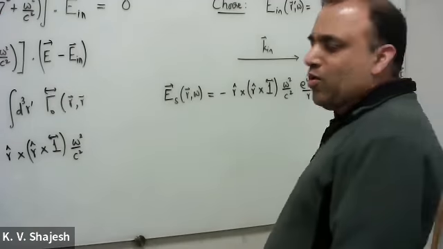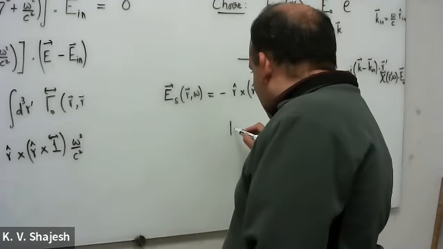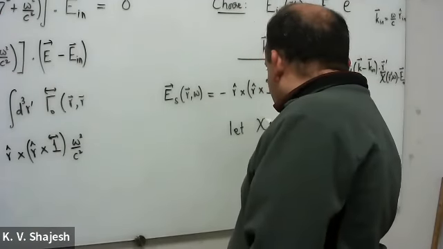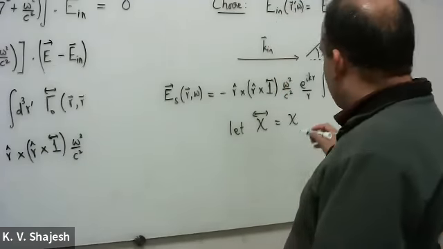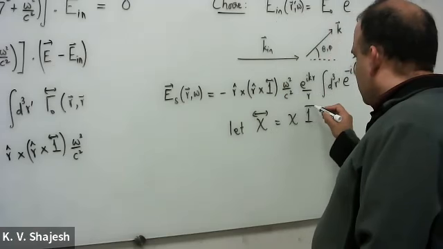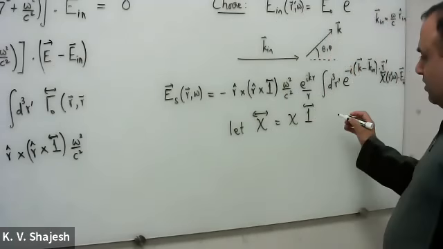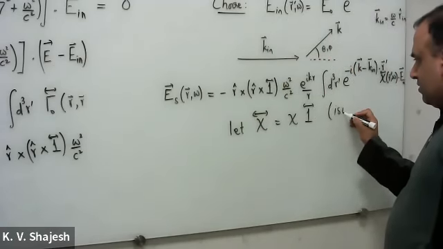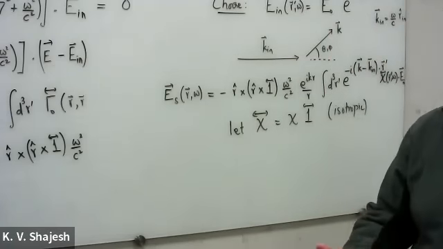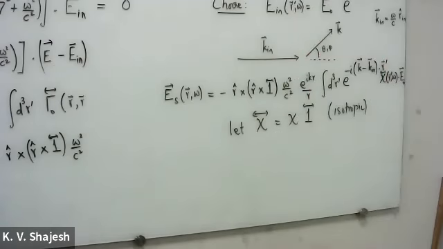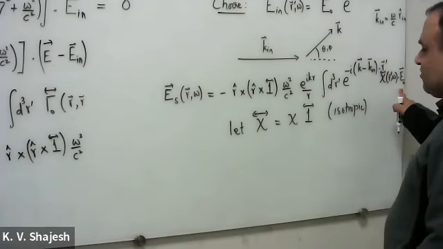So let me take 2 more minutes if you allow me. Let chi be equal to chi itself times 1. That means it's isotropic, so the material is not anisotropic. It doesn't care about x, y, z. It's a spherical molecule. It's a very reasonable approximation. Then that one hits this E naught.